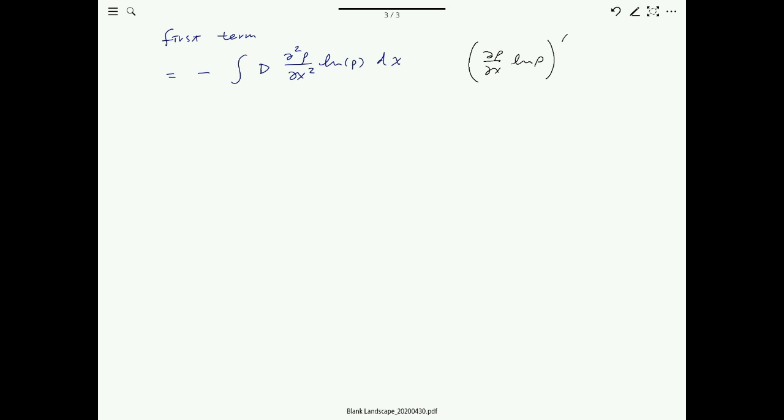If I take the derivative of this, I get the second derivative term plus this partial rho partial x times 1 over rho.